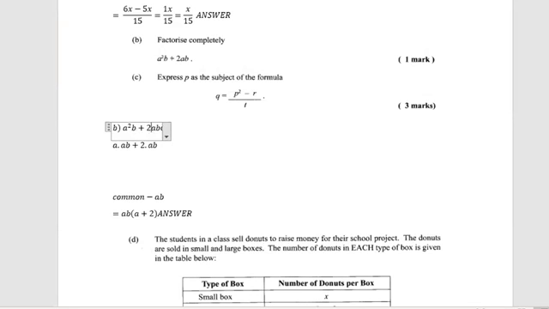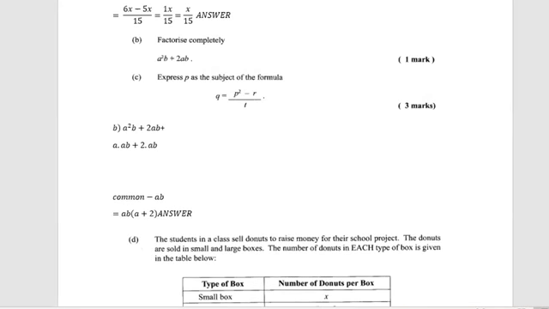So basically, when you're looking at factorization, the term that goes on the outside, which is used as the divisor into each term, must be common to every single term in the expression.